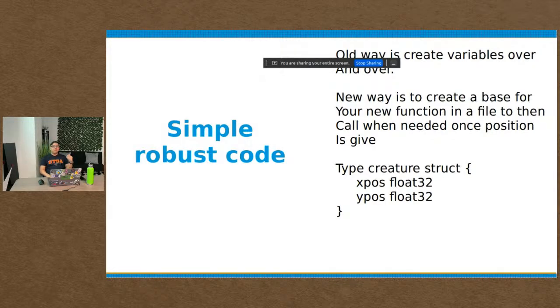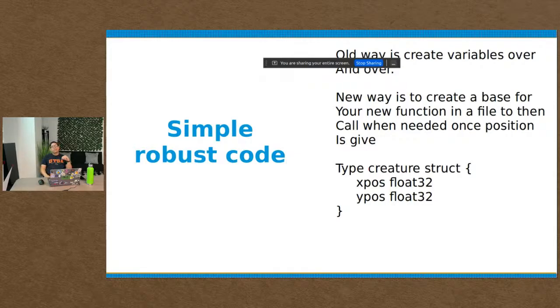NewCreature has the parameters of an X and a Y position, float 32, so you're passing that into it. You don't really need to return anything, you can if you need to, but actually you need to, because you want to store it in a variable after. So you would return that struct.